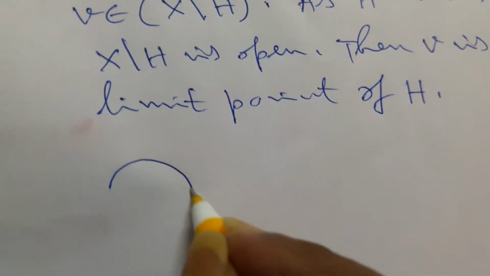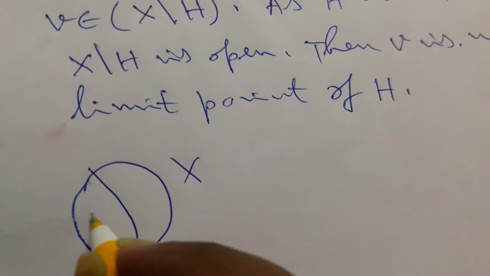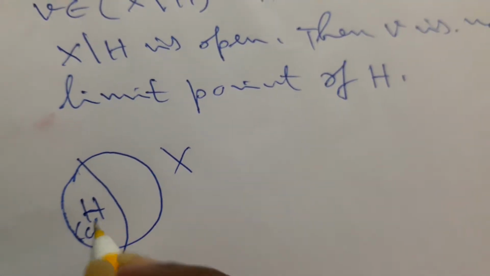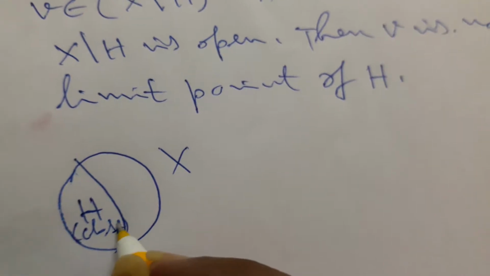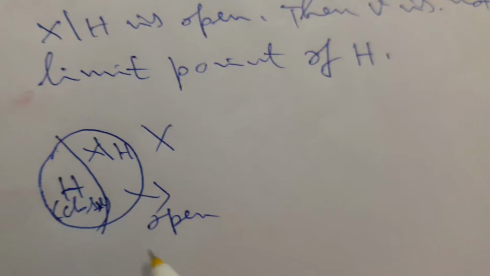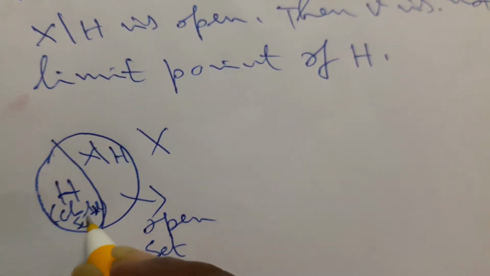Since v is an element of X minus H in the topological space X, and H is closed, certainly this is a part of X minus H, which is open. So X minus H is open.